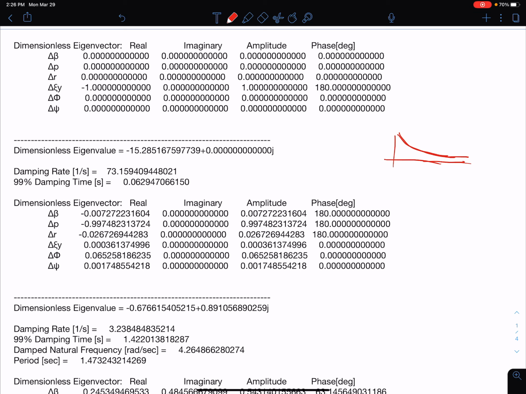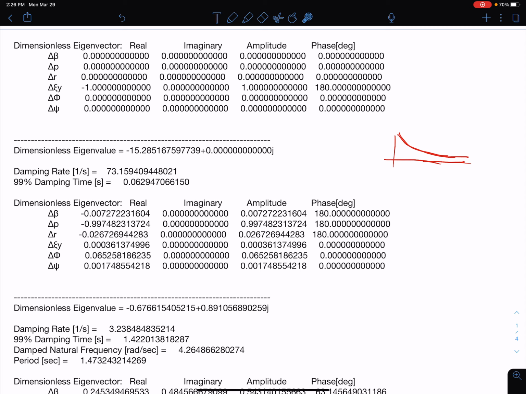And so let's look at these components here. So again, we want to compare like components in here. The largest component here is this P, so that's my roll rate. And we can compare that to our yaw rate, and you can see that's an order of magnitude larger. So a lot of roll, very little yaw.